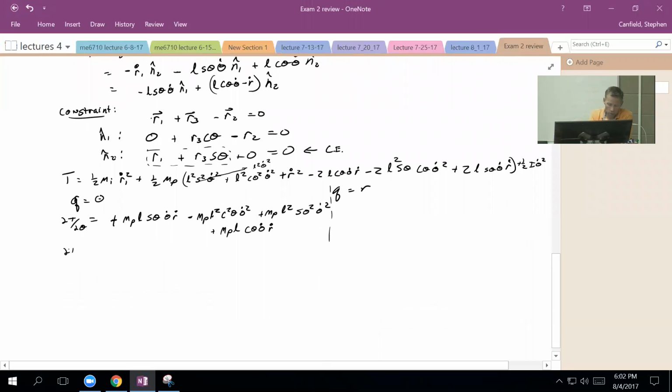Next, I need the partial of T with respect to theta dot. Looks like here I'm going to get a term.